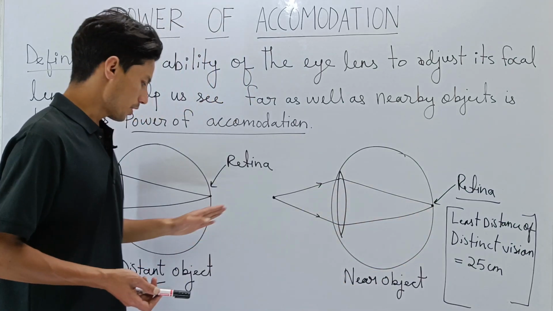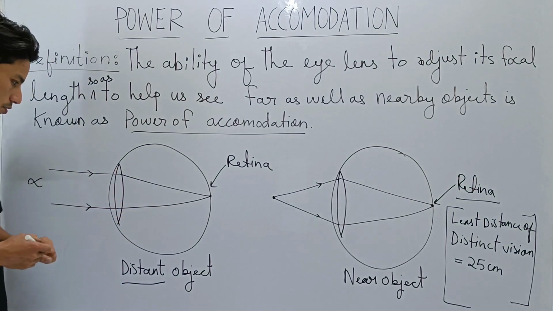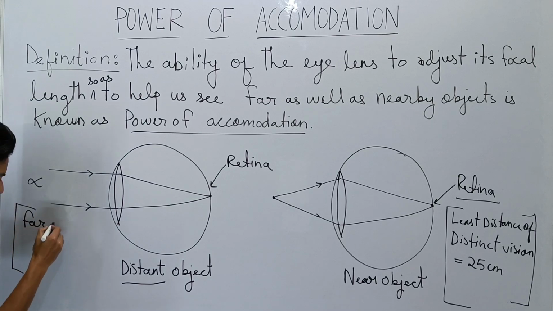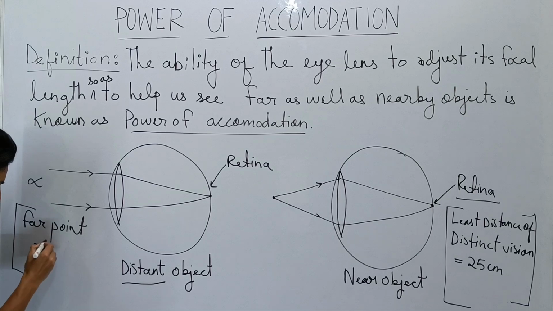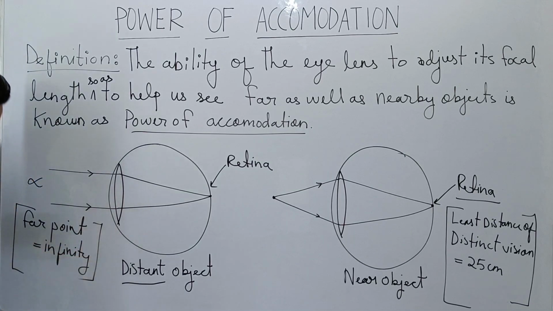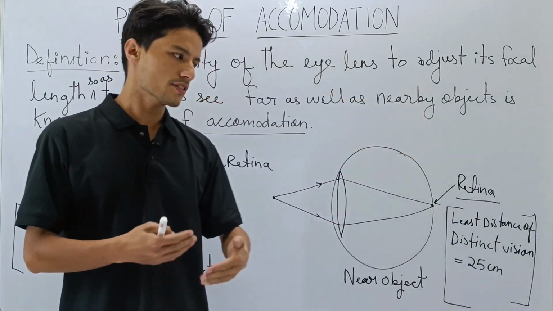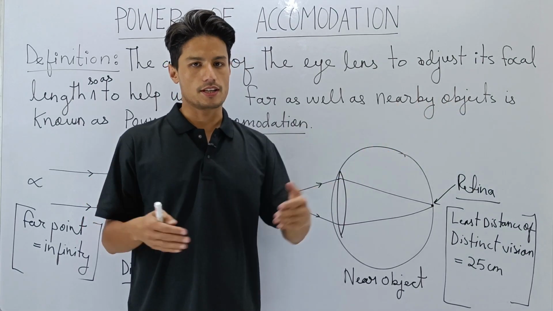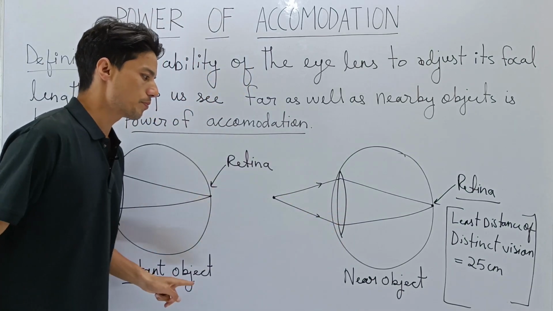For a normal healthy eye, the far point, let's write far point, according to the scientists is infinity. The scientists have not bothered to set a criterion here. They have just said it's infinity, so that means it's infinity. I don't know what the length of infinity is, so just remember these two very important points.